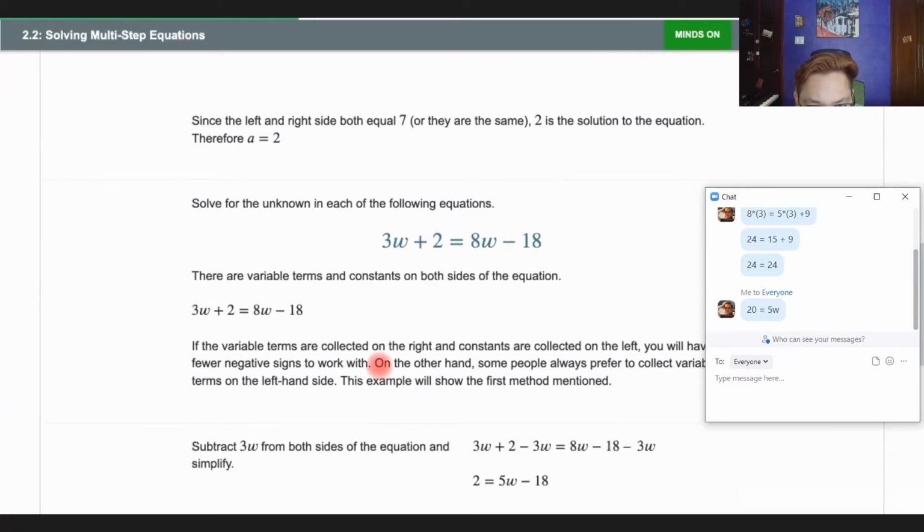Wait, what did you say? I said that you bring the 8 from 8w to the left side and then add them together. So then it's 28.